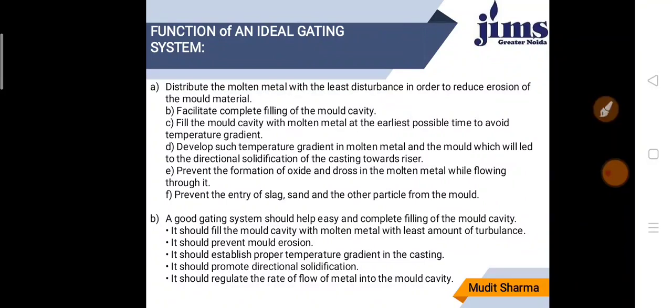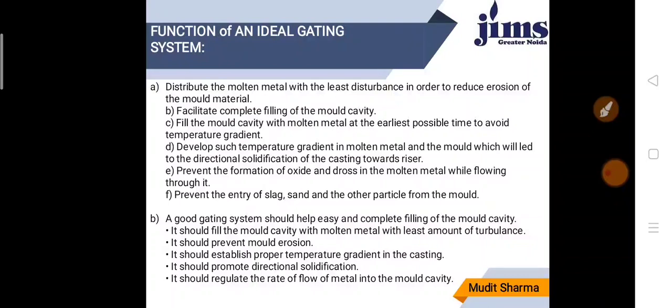The metal entry into the mold cavity should be properly controlled. The metal flow should be maintained in such a way that no gouging or mold erosion takes place. Unwanted material such as slag, dross and other mold material should not be allowed to enter. These are the common or ideal requirements for the gating system.